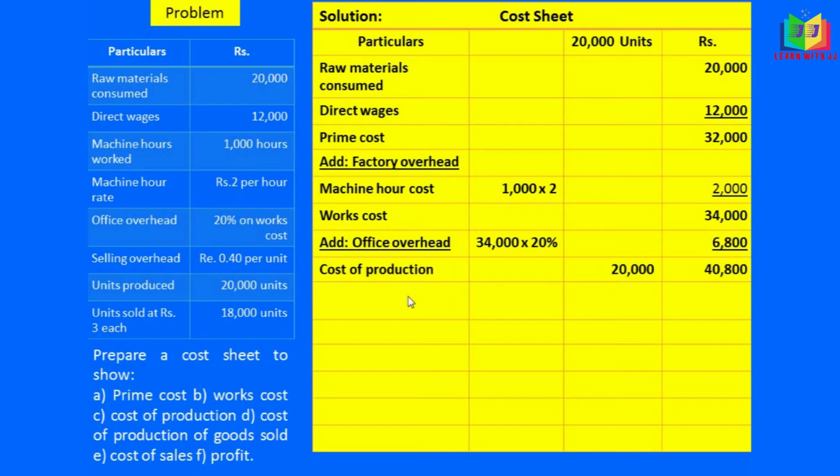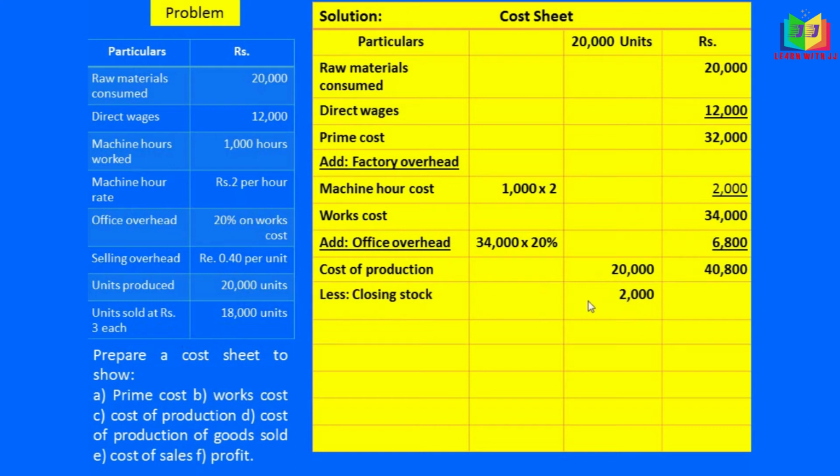The next step is that we have to write the closing stock. As we saw earlier, the number of units produced is 20,000 and the units sold is 18,000. So the 2,000 represents the closing stock.